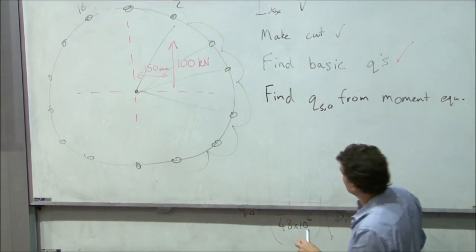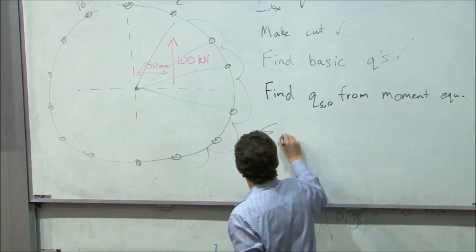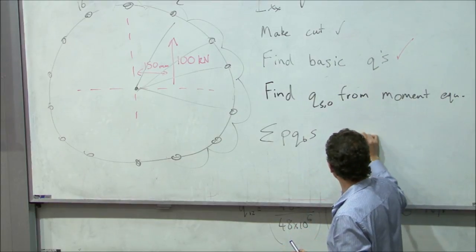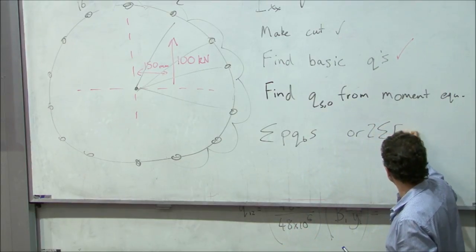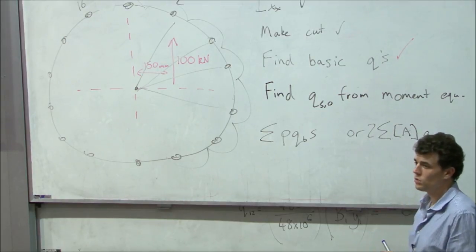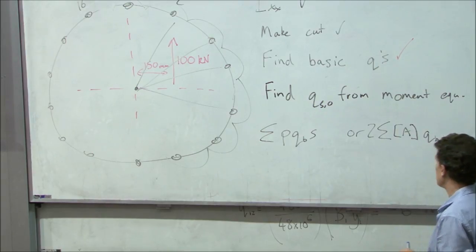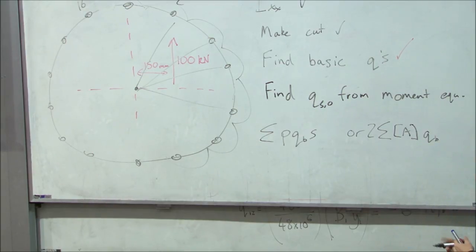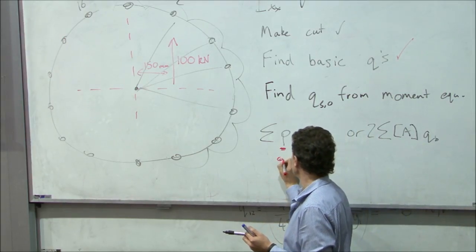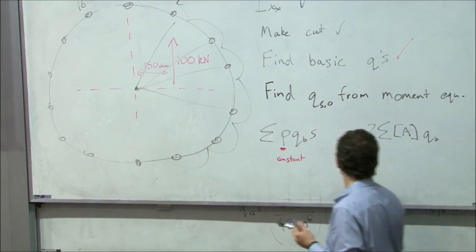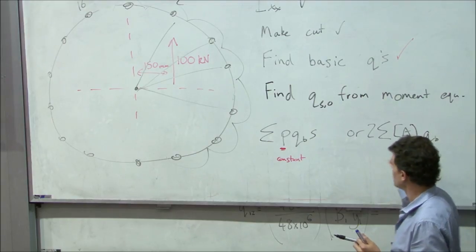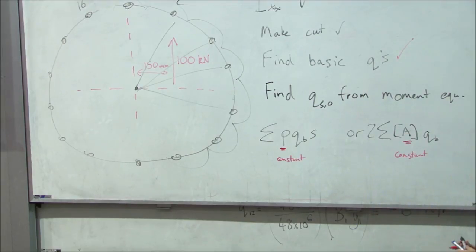Because at some stage we're going to have either the sum of P, QB, S, or twice the sum of the enclosed area times QB. Both these cases are made much simpler if you take the equilibrium in the center. Either this is constant or this is constant and can be taken out the front of the equation.